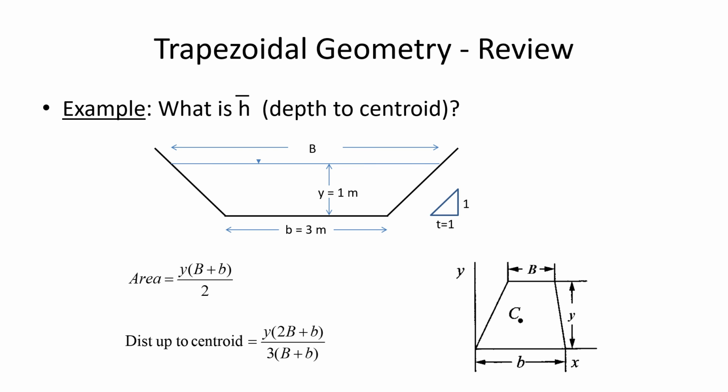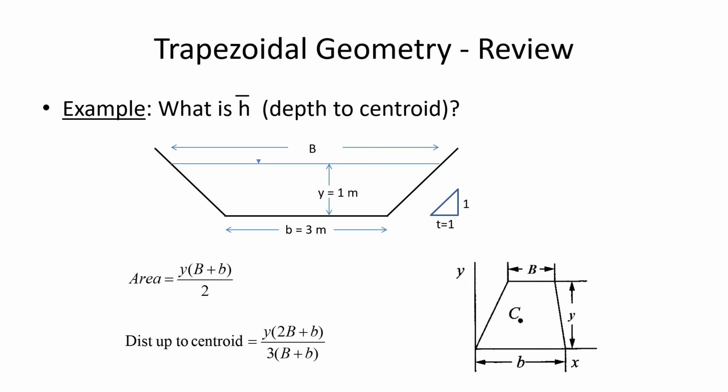And so the distance up to the centroid is going to be y times 2B plus lowercase b, divided by 3 times big B plus little b.